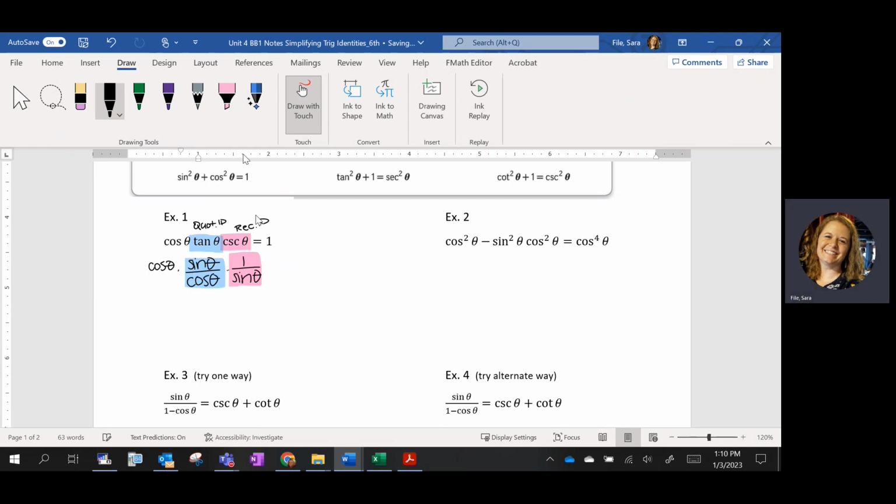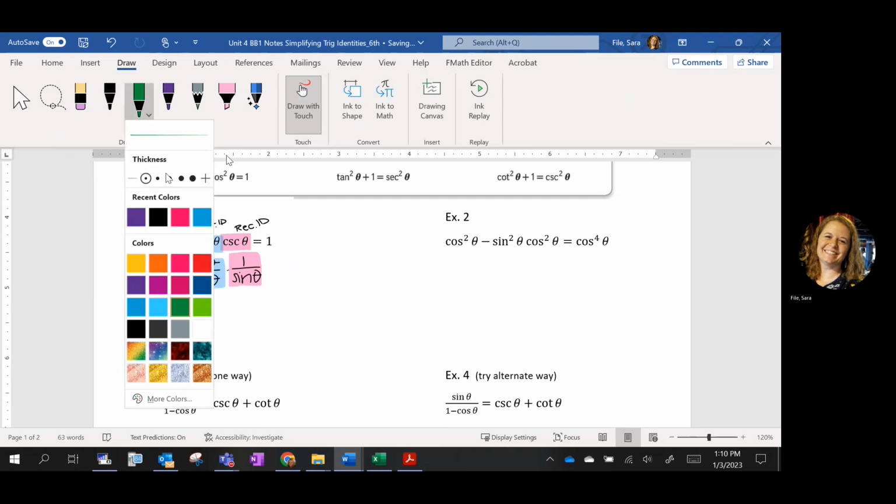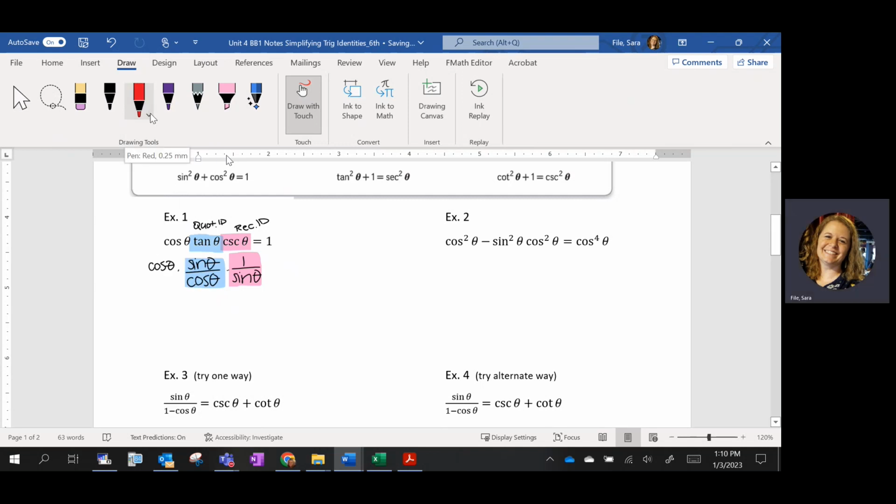Now, do you notice anything we can do just algebraically? Yeah, there are going to be some terms that reduce, aren't there? Because we have common factors in the numerator and the denominator. These are all being multiplied. There's no pluses or minuses here. So my numerator is cosine times sine times 1, or just cosine times sine.